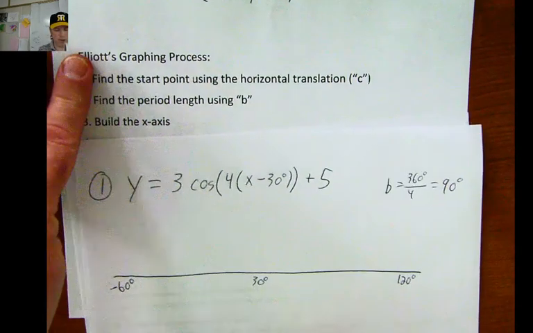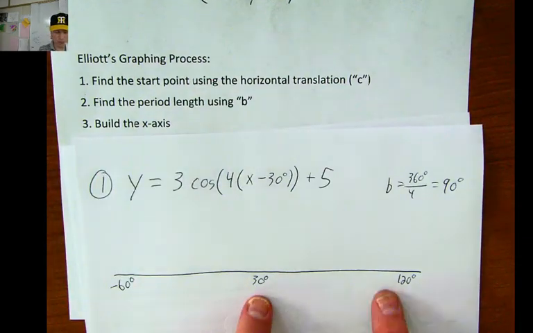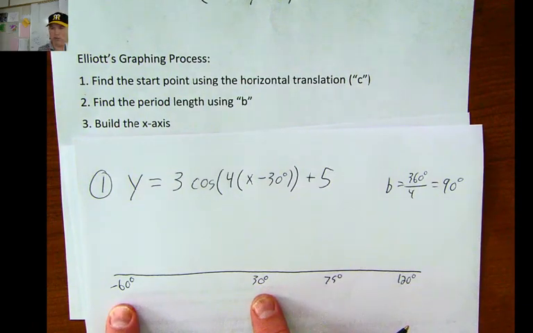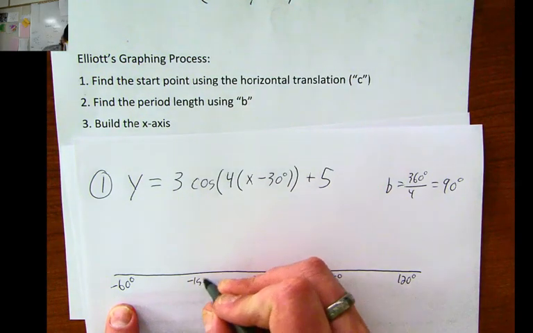And now I finish building the x-axis, doing the midpoints. Halfway between 30 and 120, that adds up to 150, divided by 2, you get 75 degrees. These two add up to negative 30, and if you divide that by 2, you get negative 15 degrees.